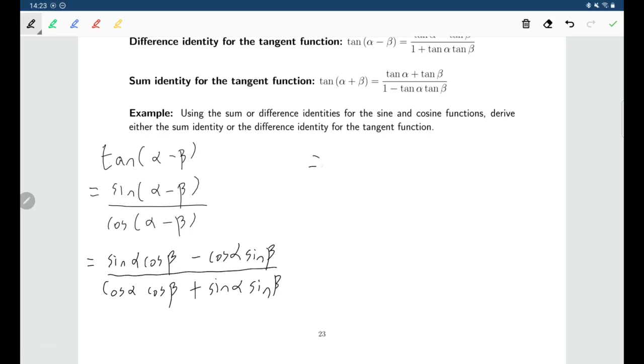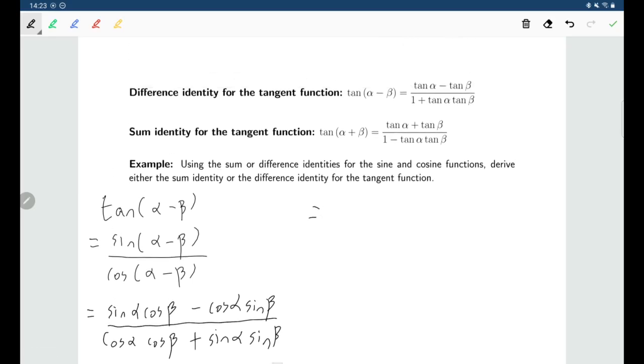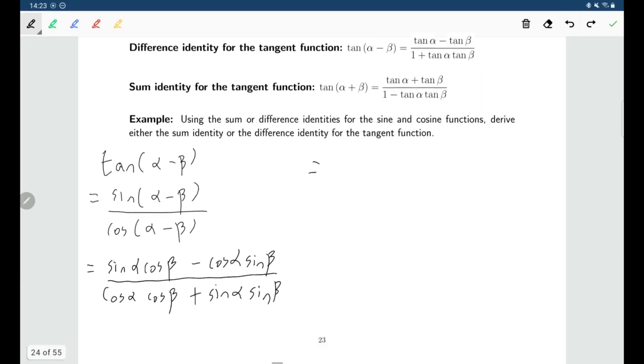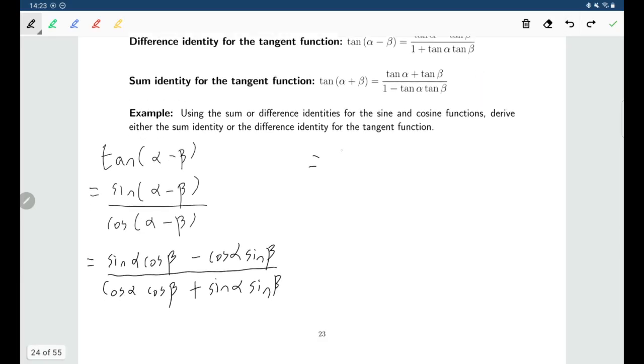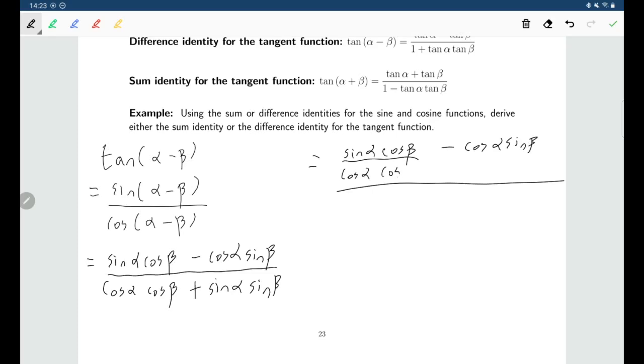Okay, so what I'm going to do next, because if you're taking a look at these identities, you can see that they're not left in terms of sines and cosines, they're left in terms of tangents. So I have something here right now which is a bunch of sines and cosines of alphas and betas. And to make those tangents appear, what I'm going to do is take each of the terms in the numerator and the denominator, and I'm going to divide them all, top and bottom, by cosine alpha, cosine beta.